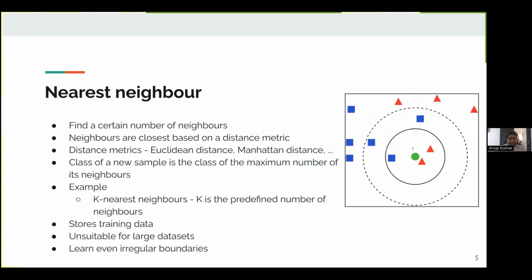Another approach is the nearest neighbor approach. Whenever a new example comes in, the model tries to find the k nearest neighbors of the new point and looks at what the class distribution is. For example, if a green circle comes here, what could its class be?